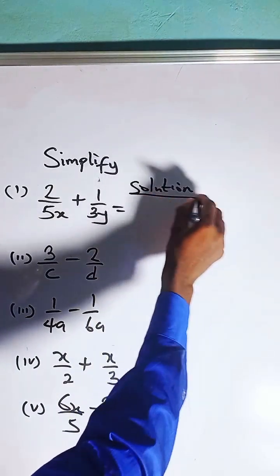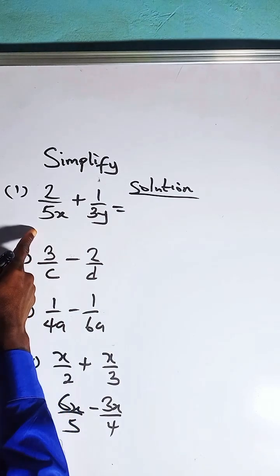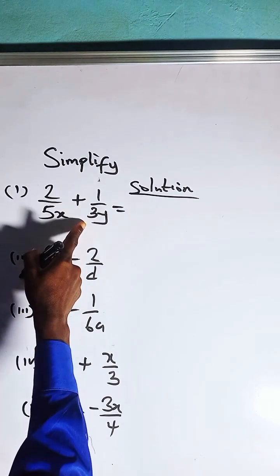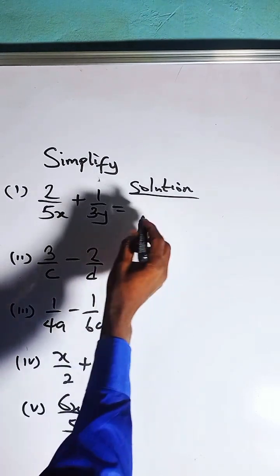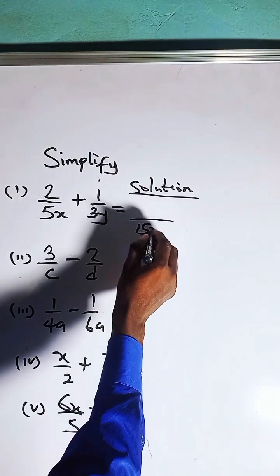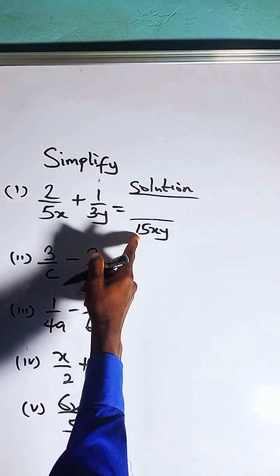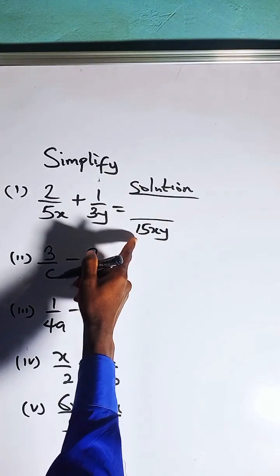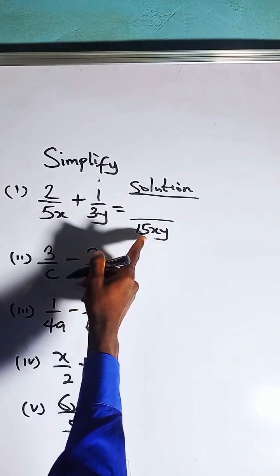so for 2 over 5x plus 1 over 3y, when we take the LCM of this, we have 15xy, so it's a common denominator, so that means we can divide this by this.